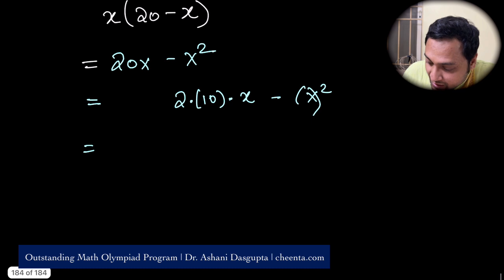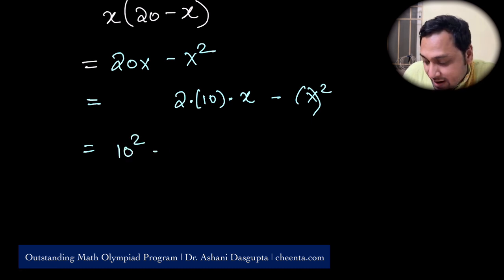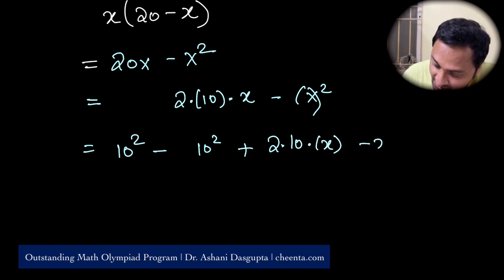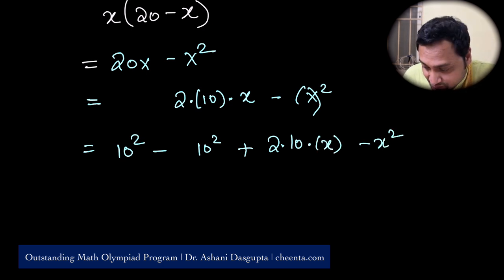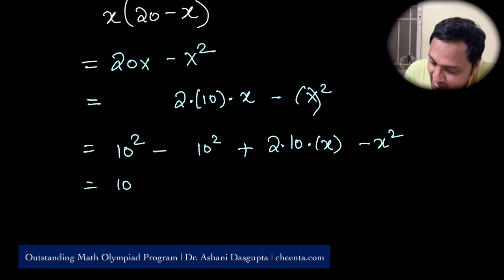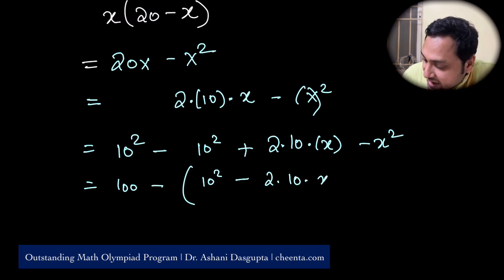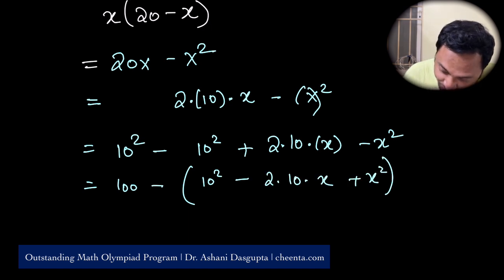Now I will add a 10 squared and subtract a 10 squared from the entire thing. You will see in a minute why I'm doing this. So from this, 10 squared is 100, minus, I'll have 10 squared minus 2 times 10 times x plus x squared.